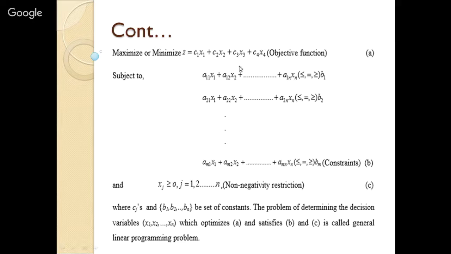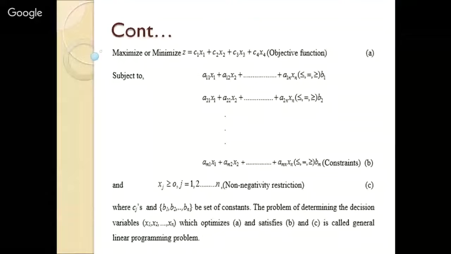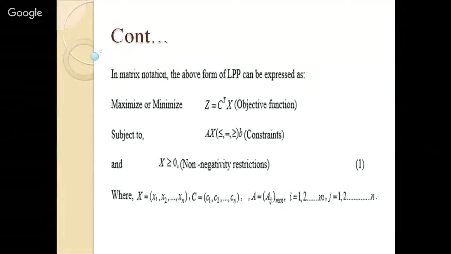The matrix of C1, C2 up to Cn is called capital C, and the column matrix X1, X2 is called the decision vector matrix X. So we have taken C transpose X.